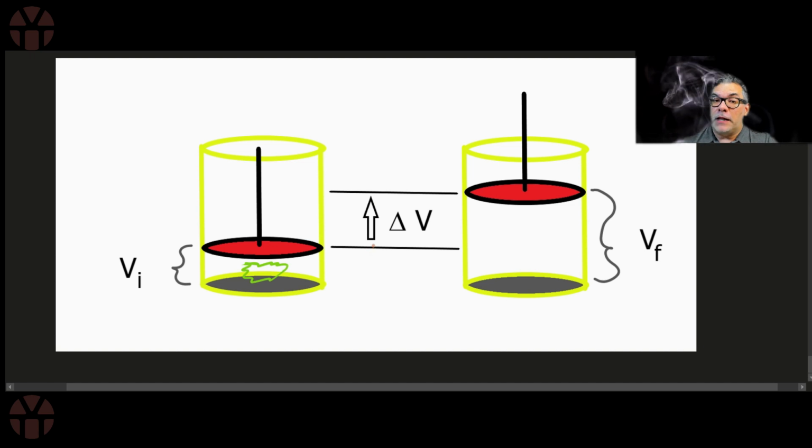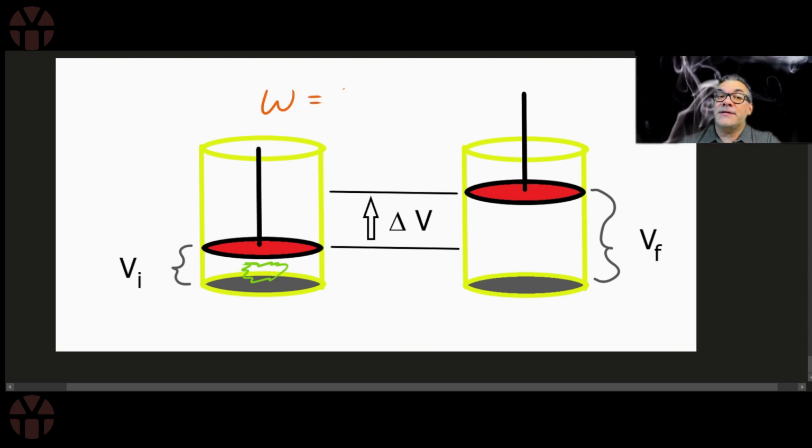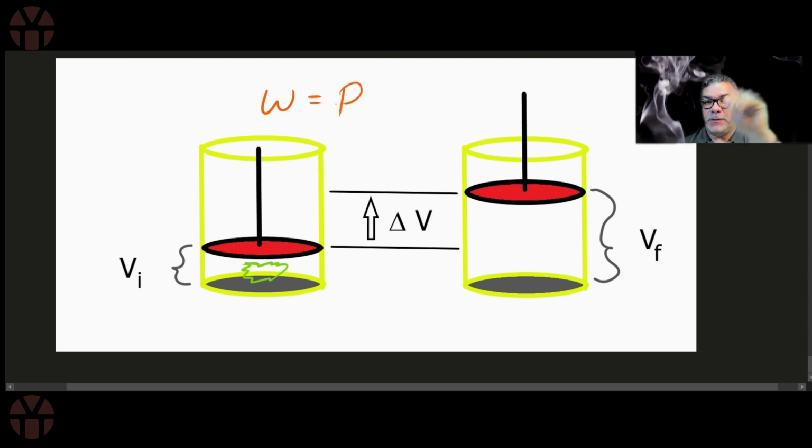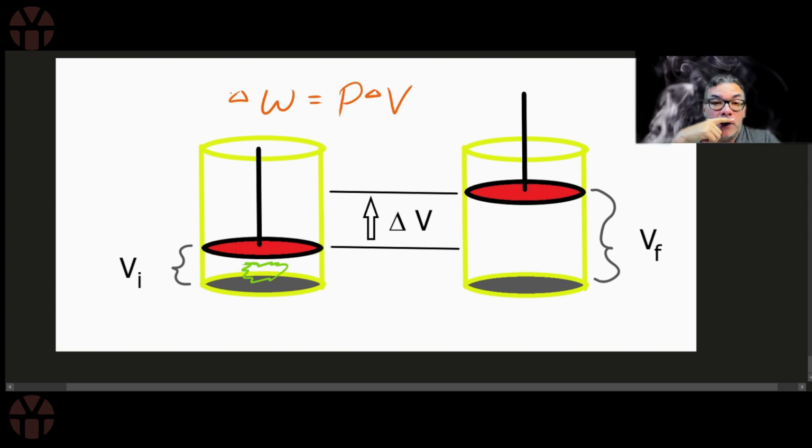The change in volume becomes my delta V. And so it is becoming very apparent to me that work was done when a gas that had a certain pressure, we'll speak more on that later, caused that gas to expand by a certain volume. And so the greater the change in volume, the greater the change in work.